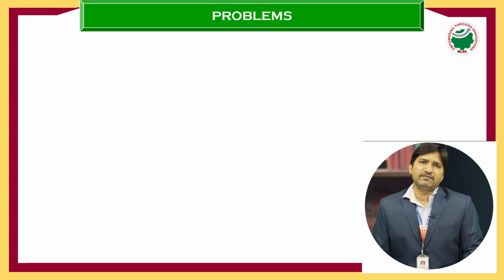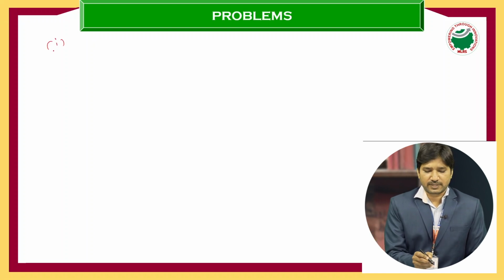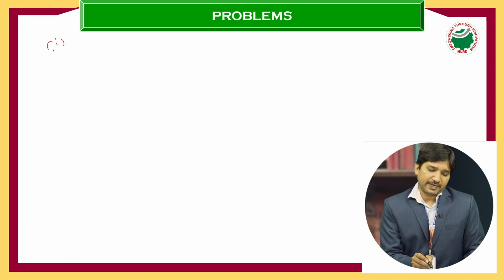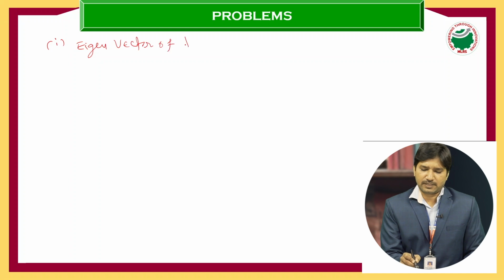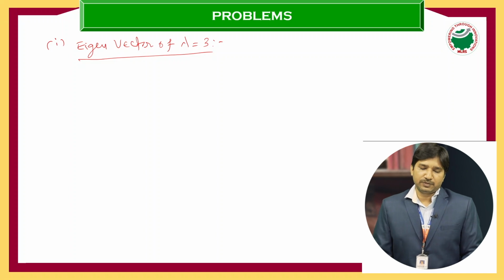Now find the eigenvectors of the corresponding eigenvalues. Now the first one: eigenvector of lambda equal to 3. Find the eigenvector of the eigenvalue 3.